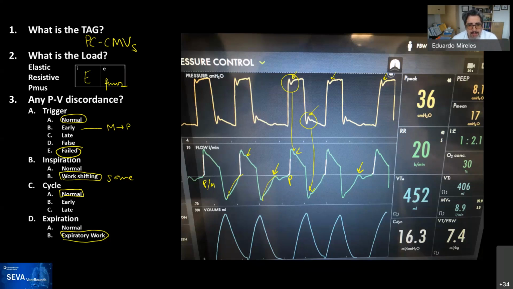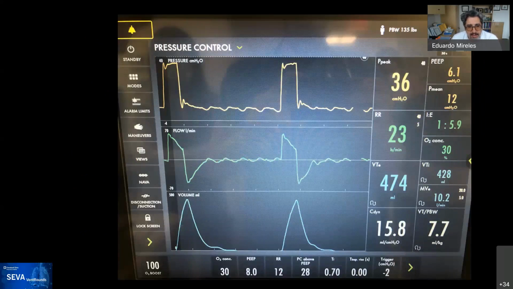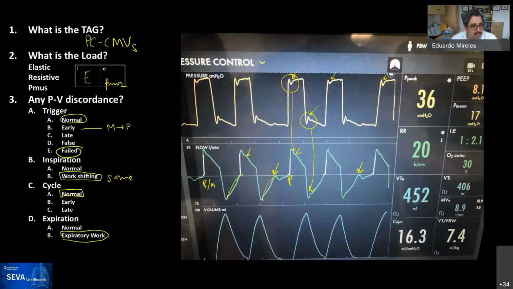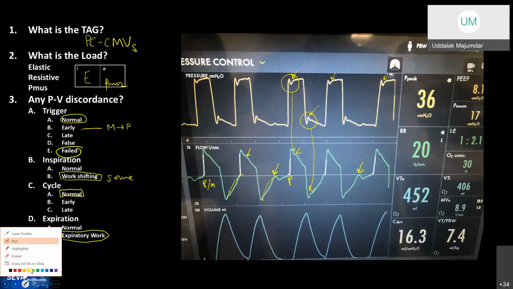Dr. Manuel, let's take, yes. Just to go back to the screen: in the third breath, if that is a failed trigger, how come there's a positive deflection in the pressure wave? Because a trigger would be accompanied by a negative pressure deflection. Great question.